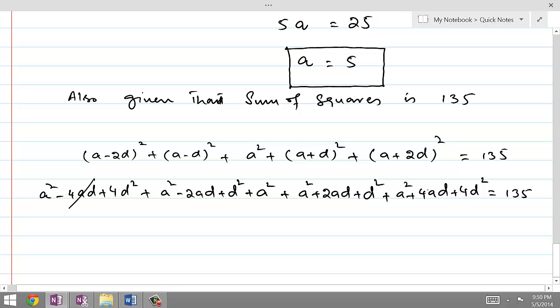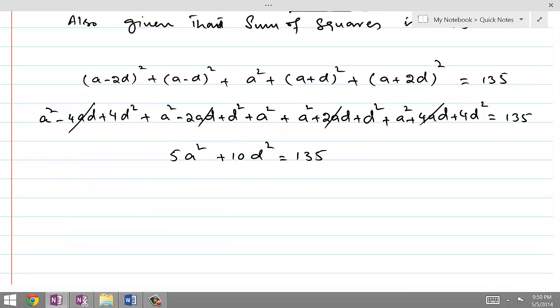This minus 4ad and plus 4ad are gone, minus 2ad and plus 2ad are gone, and if we add up a square plus a square plus a square, these are 5a square, and then 4d square plus d square plus d square and plus 4d square will become 10d square is equal to 135.